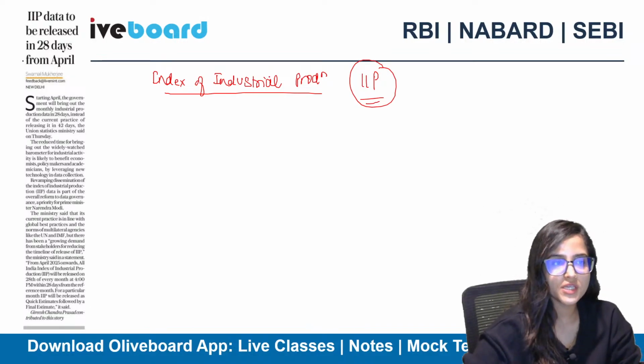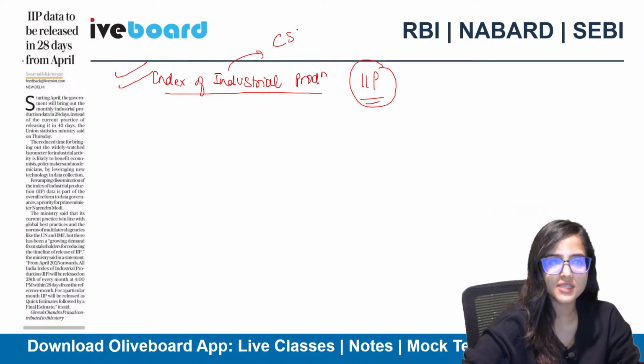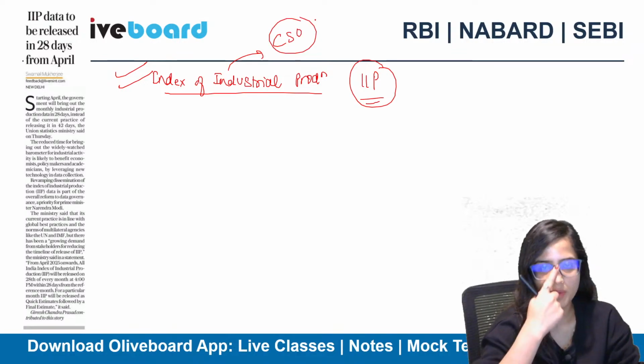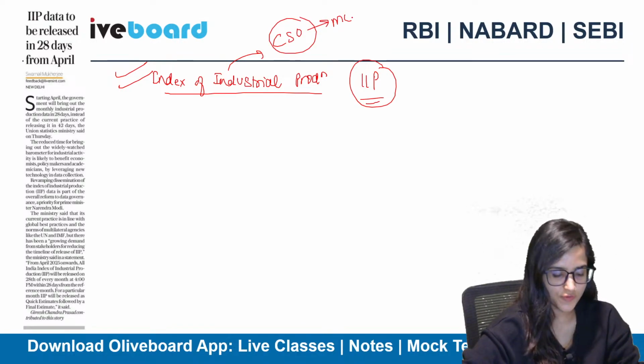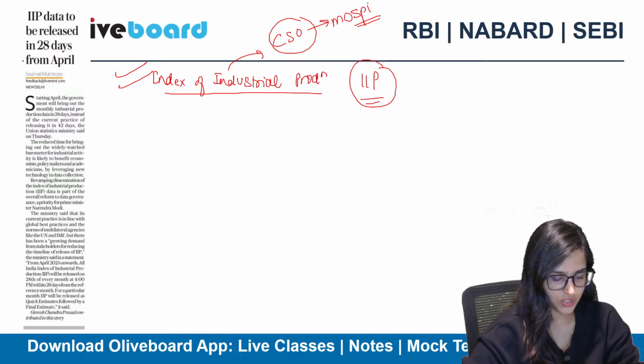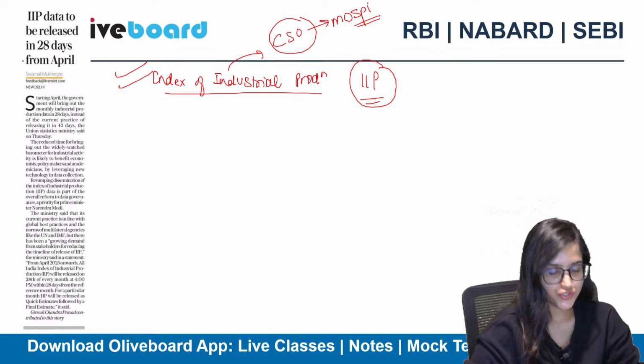We are going to see the detail of who publishes it. It is basically the CSO, under MoSPI, the Ministry of Statistics and Programme Implementation. Manish is saying changes in production; it measures change in physical volume of industrial production.